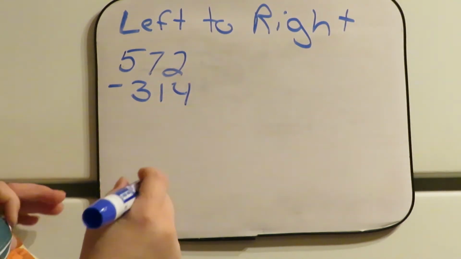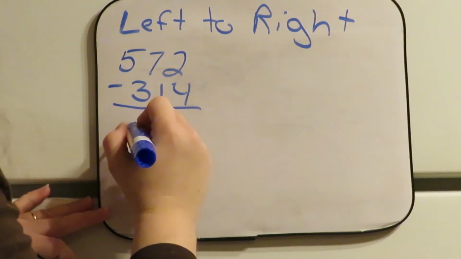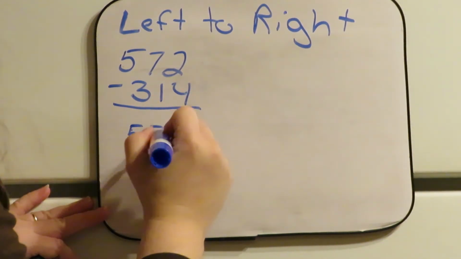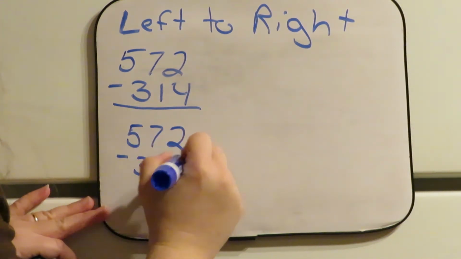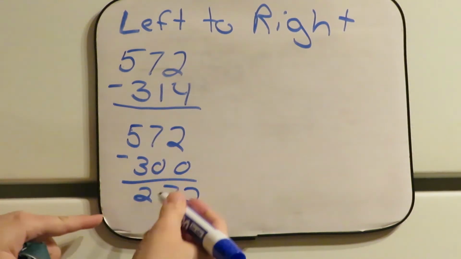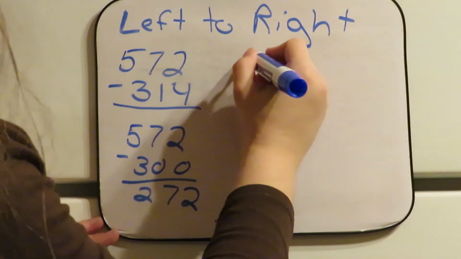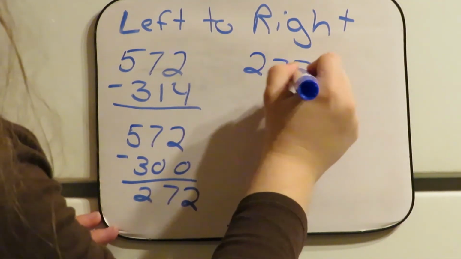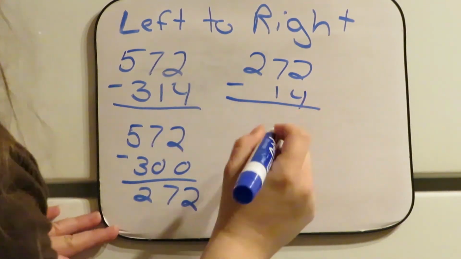Okay, so the first thing we're going to do is take 572 minus 300. 272 is what's left. Now we take 272 minus 14, which equals, minus 10, sorry, 10.